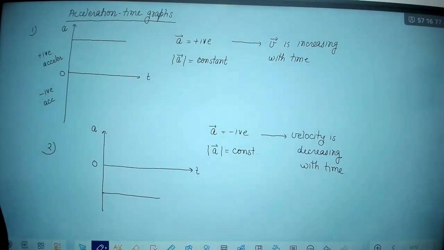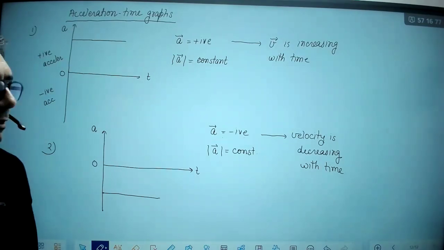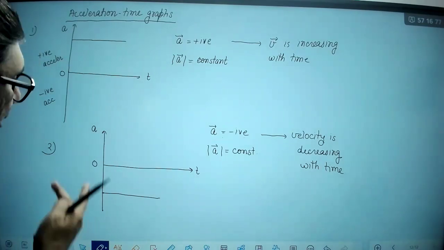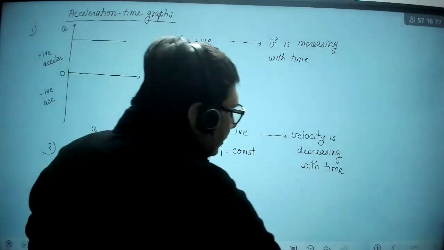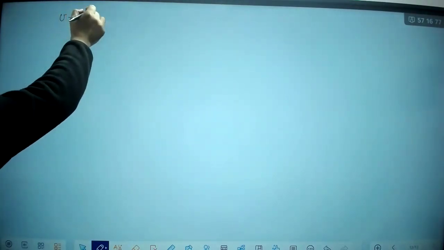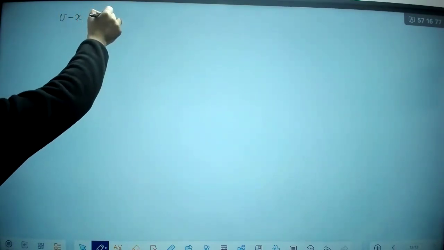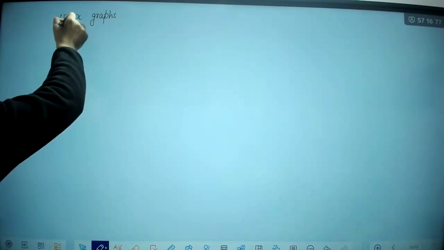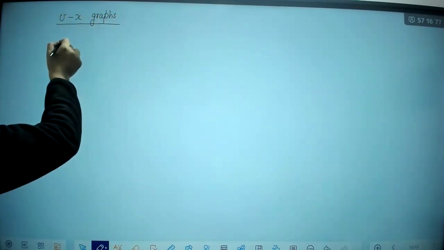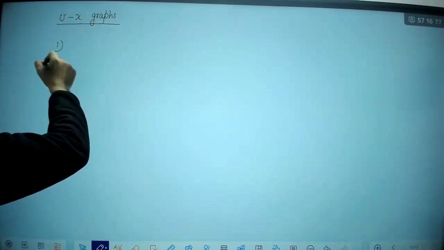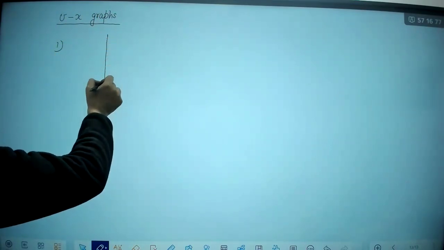There is one another graph, the velocity Vx graph. Next, the last type of graphs are velocity distance graphs. V as a function of x graphs or plots. Suppose this is the first one.